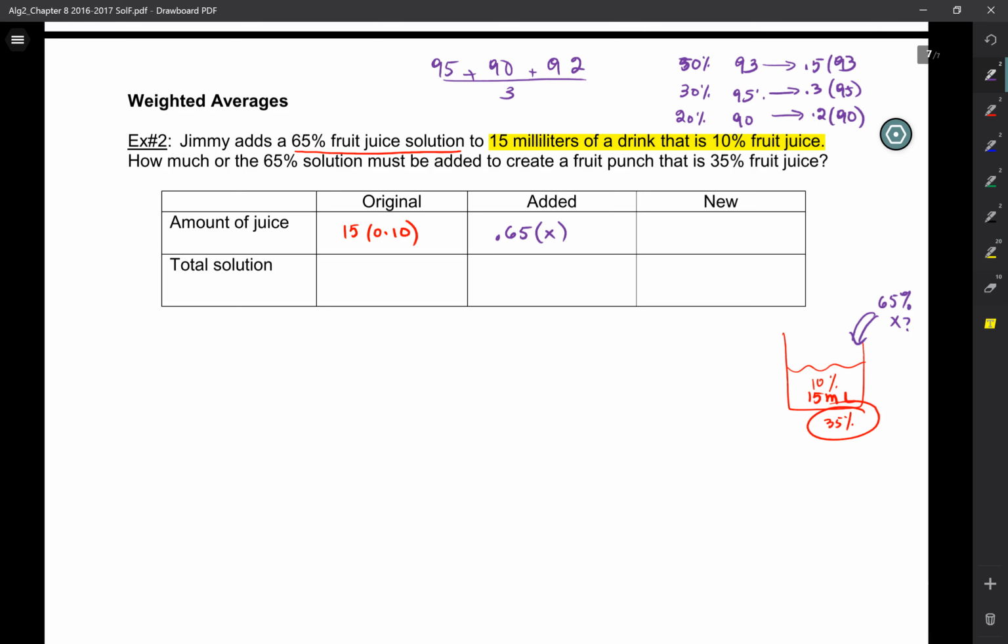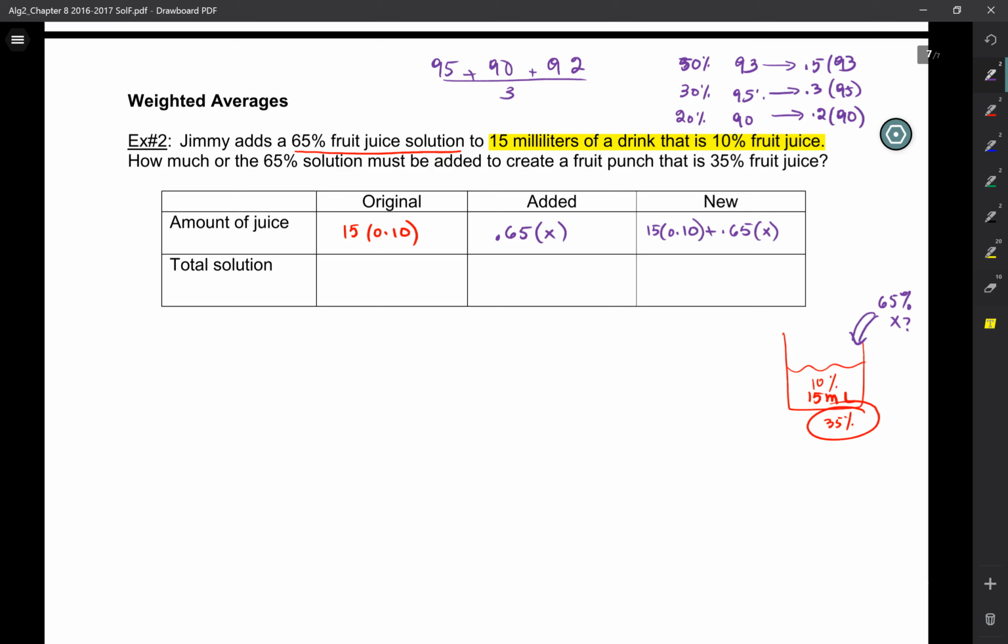So the new mixture is going to have 15 times 0.10 plus 0.65 times x. Okay? So this is just the amount of juice. It's the good stuff in the solution, the juice. In the 15 milliliters, 10% of it was fruit juice. I added x milliliters of the 65% solution.